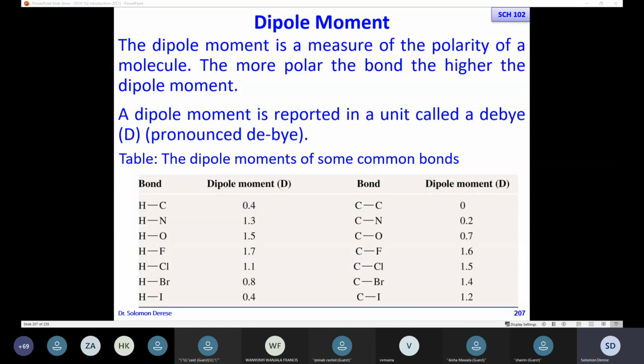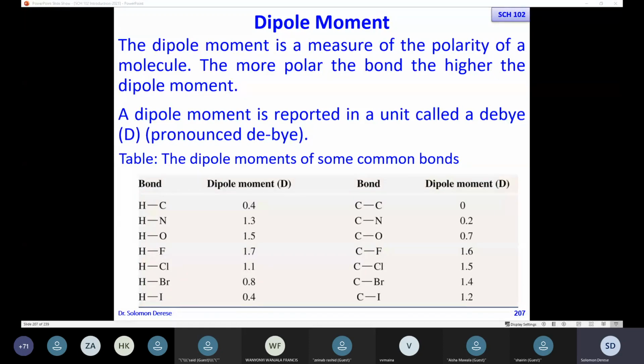If dipole moment was a scalar quantity, the dipole moment of the CH4 molecule, which has 4 carbon-hydrogen bonds, would have been 4 times 0.4, 1.6 D. If dipole moment was a scalar quantity, you would just add them: 0.4 plus 0.4 plus 0.4 plus 0.4 will be 1.6.